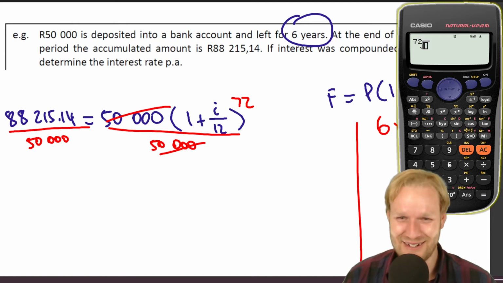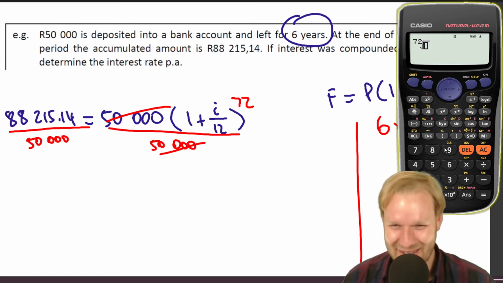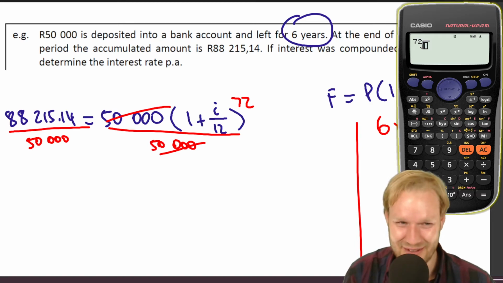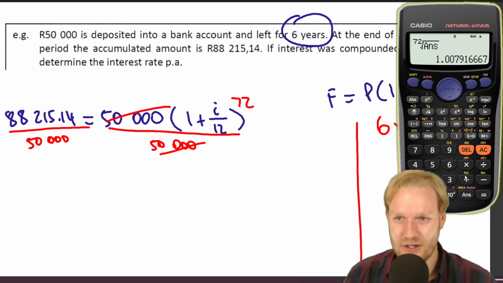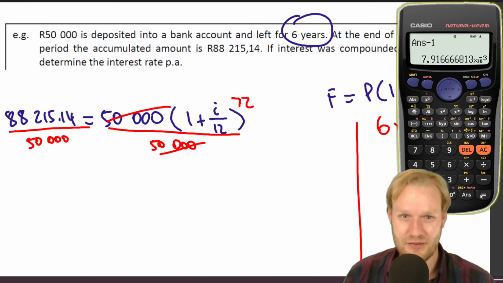So the root of this thing here, because we're doing it to both sides. Now that was once in the calculator, because it was the most recent thing. So now what we've got so far is 1 plus i over 12. Right? So we need to subtract 1 from each side of our equation, minus 1. And then we need to times it by 12. Times 12.